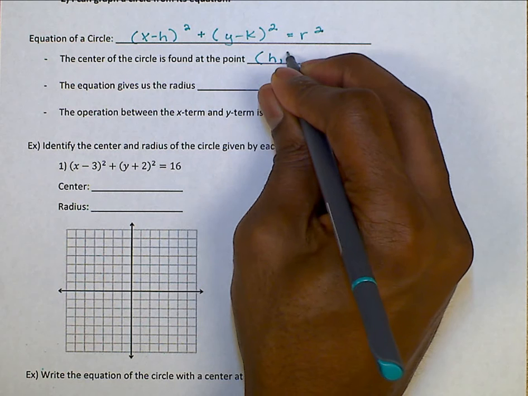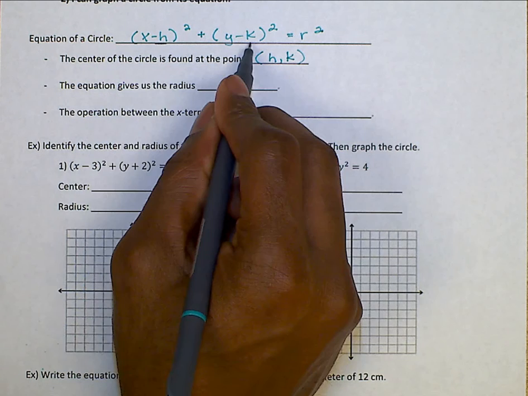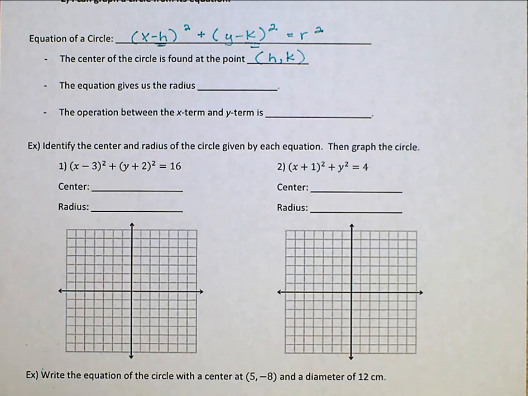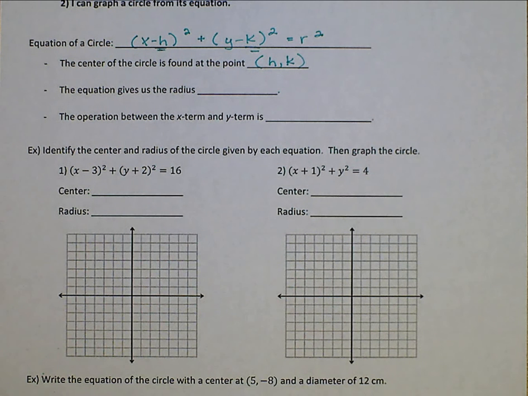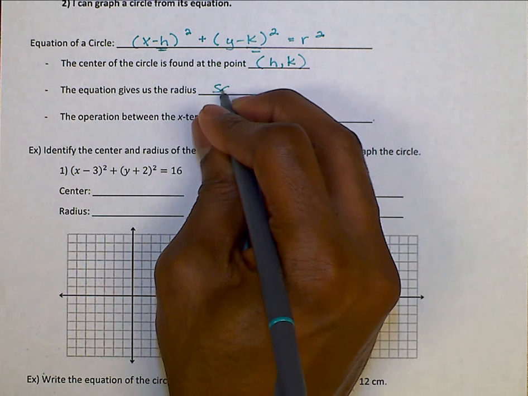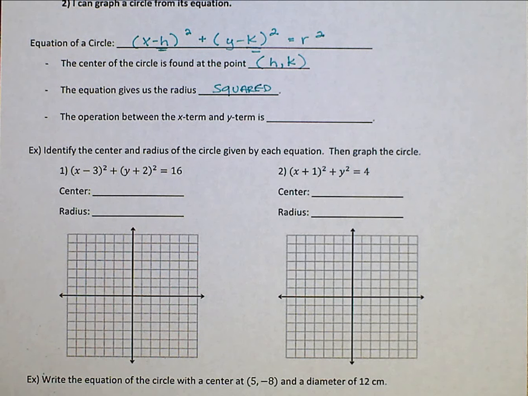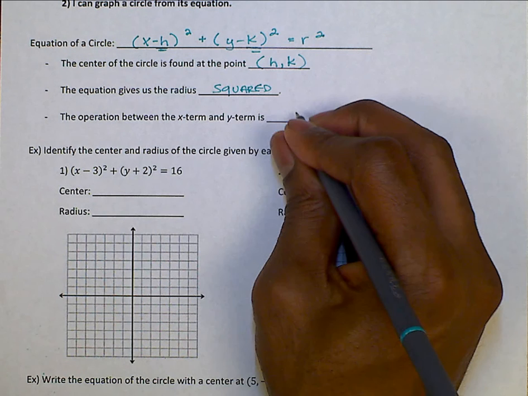Notice that those are in our formula here. So h is our x coordinate for the center, k is our y coordinate for the center. Also notice that the equation gives us the radius squared. And the operation between the x term and the y term is addition.